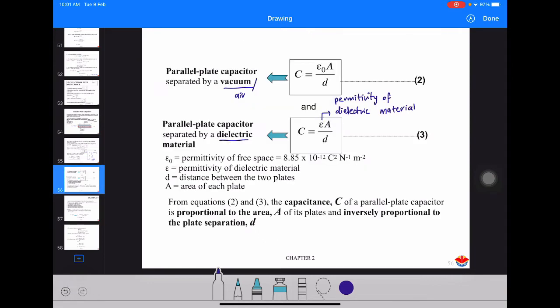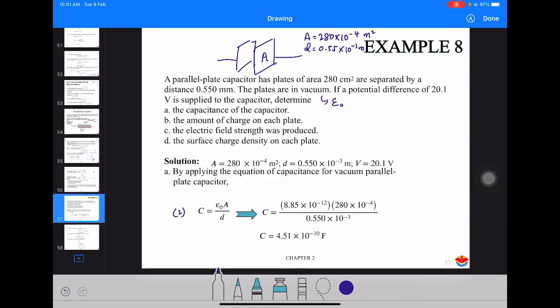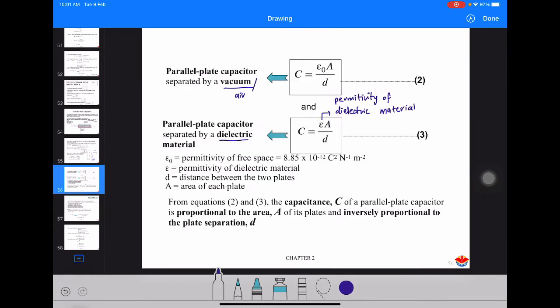If you look back at your equation here, formula number 2, notice that we use epsilon naught, which indicates something that is in vacuum. Epsilon naught is actually the permittivity of free space.